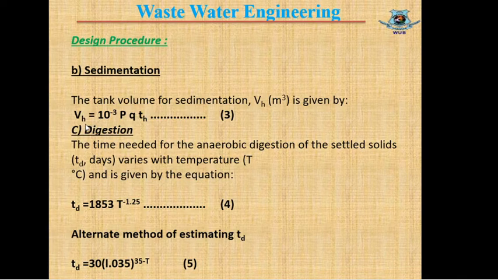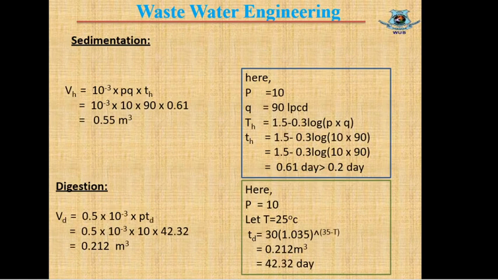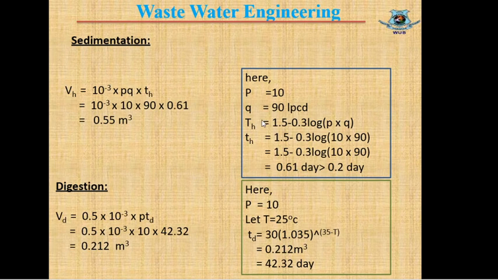Here the value of P equal to 10, as 10 persons are using this septic tank. Q is the wastewater flow rate, 90 liter per capita per day.